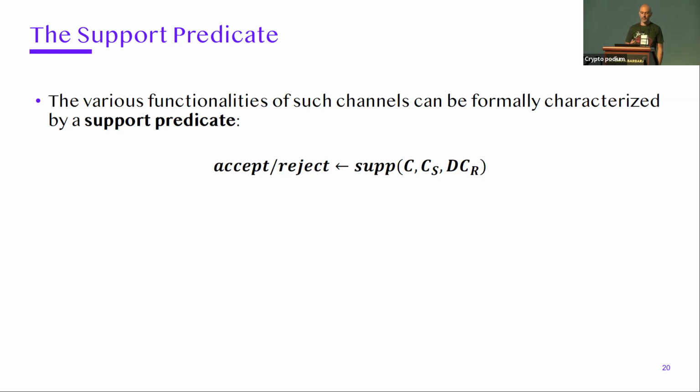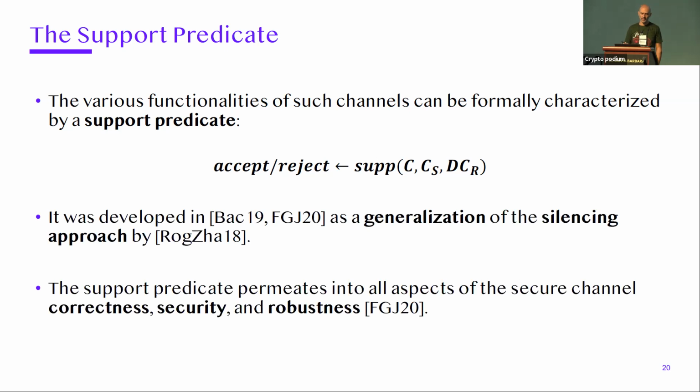The support predicate determines whether this ciphertext should be accepted or not. And the support predicate was developed in the works of Bellare and Tackmann, Boyd and Hale '19 and Fischlin, Günther, and Janson '20 as a generalization of the silencing approach by Rogaway and Jiang from 2018. And the support predicate permeates all aspects of the secure channel, from correctness to security to the notion of robustness that was put forward by FGJ20.